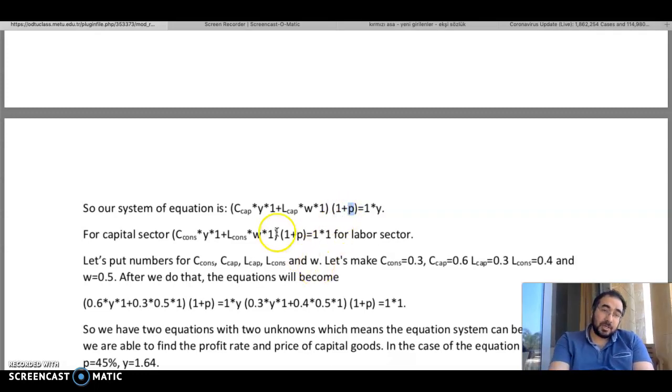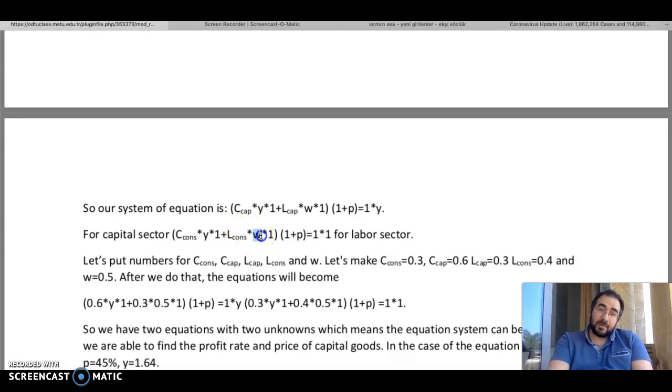A similar thing is also done for the consumer sector, but in that case, you have C cons and L cons, which give the labor and the capital goods quantities necessary to produce the consumer goods. And we have fixed the wage, by the way.